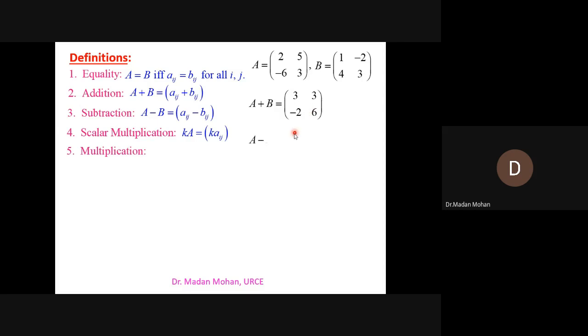What is A minus B? 1, 1, 7, 7, minus 10, minus 10, 0. Very good. What is 2A? 4, 10, minus 4, 12, 10, 6, minus 12, 6. Very good.